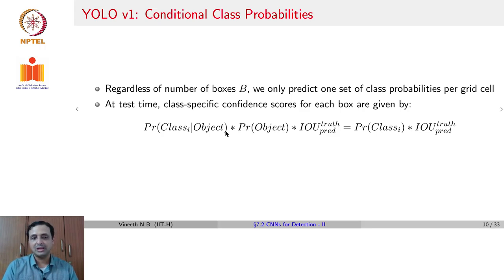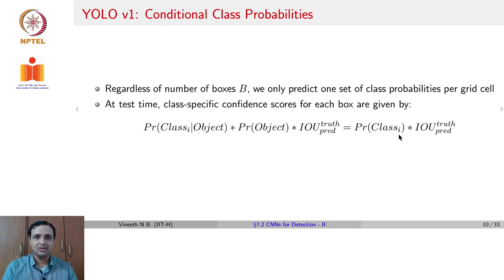So if you multiplied these class conditionals with your confidences, you would get probability of class i given an object, which is the conditional class probability, and the confidence, which is given by probability of object into the IOU between ground truth and predicted values, which amounts to the probability of class i into the IOU of the ground truth and predicted box.